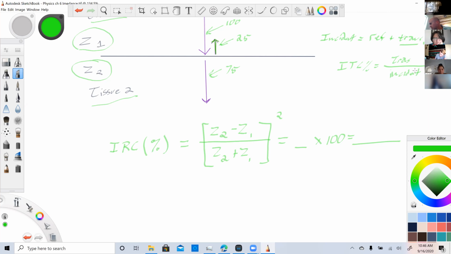Transmitted intensity divided by, yeah, that makes sense. So if you want to find the intensity transmission coefficient, ITC, you simply find out what the transmitted energy is, divide it by the incident energy. That'll give you that percentage, which in this case would be simply 75%.